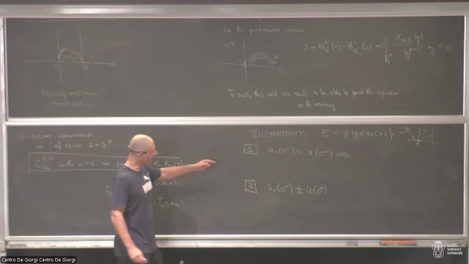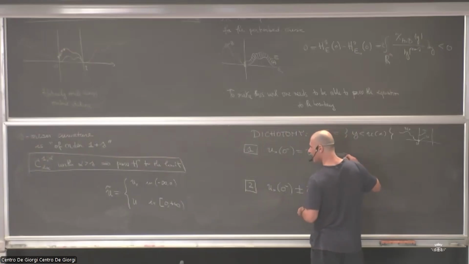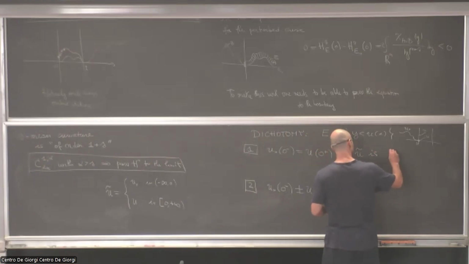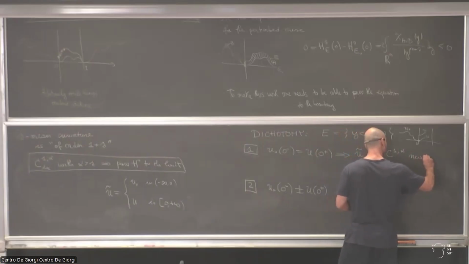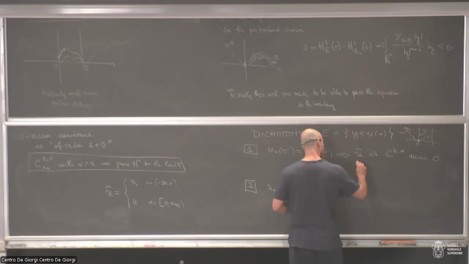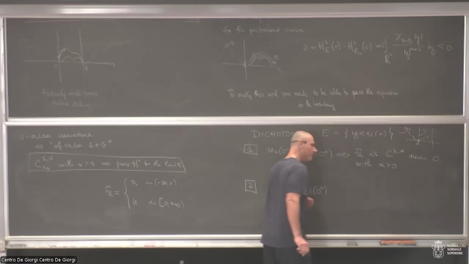So if you have boundary continuity, then u tilde is C1 alpha near the origin with alpha bigger than 0.